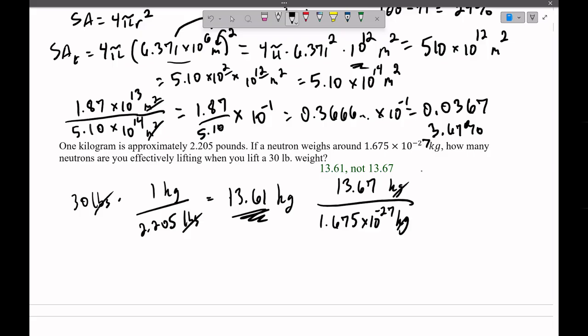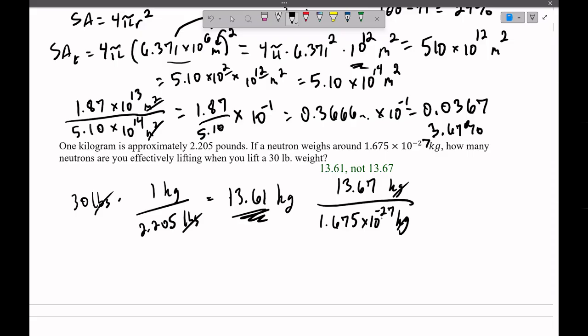The units, you can make it so that it's the number of neutrons, but that's not really what's important here. What's important here is to note that the units do cancel, and we're talking about a count, not a weight of something, because that wouldn't make sense for the units. But we can see that we have times 10 to the negative 27 in the denominator.